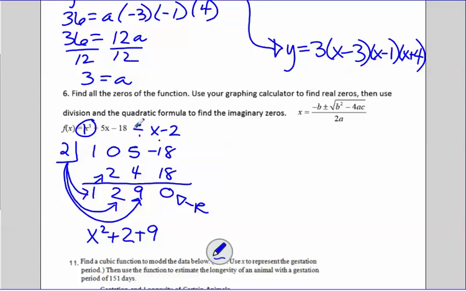So to find the imaginary zeros, I need to use the quadratic formula, which is right here. My a is 1, my b is 2, and my c is 9. So I'm going to plug those numbers into the quadratic formula.